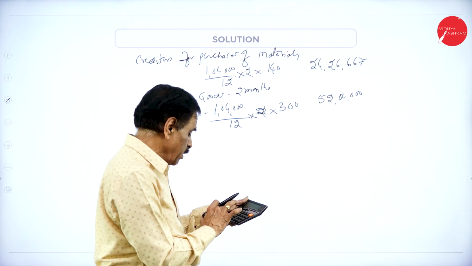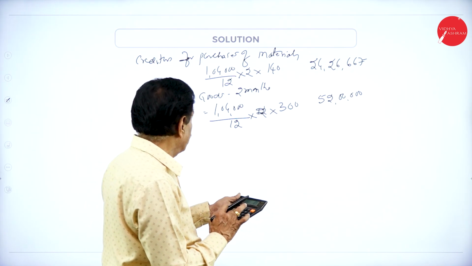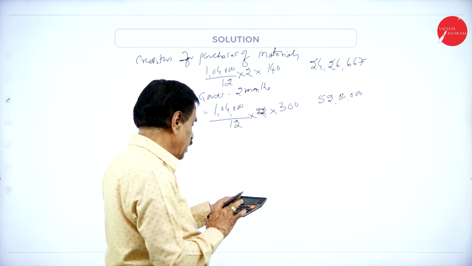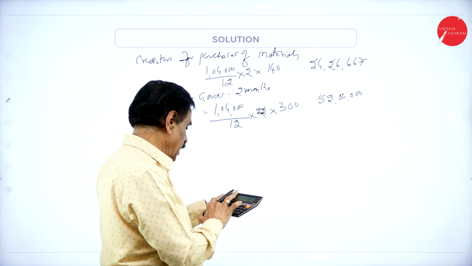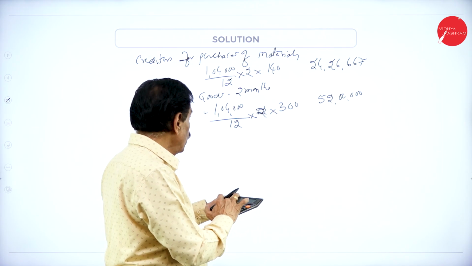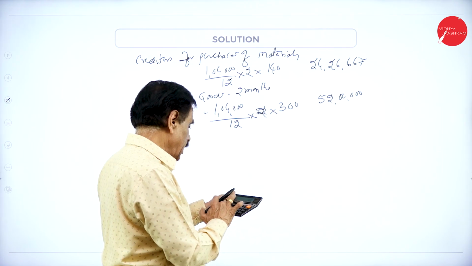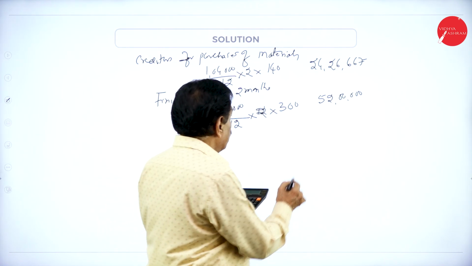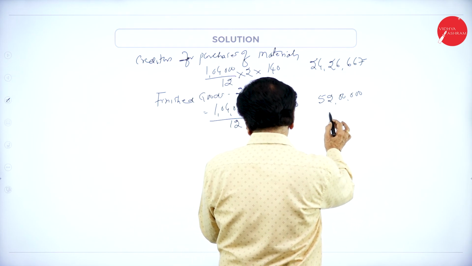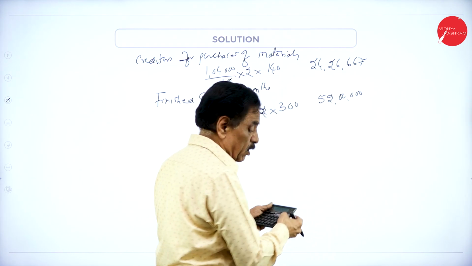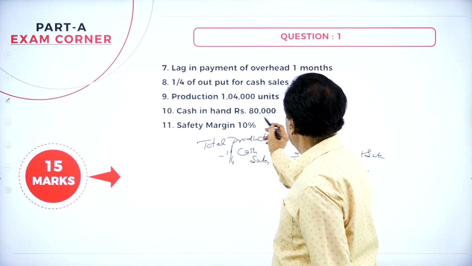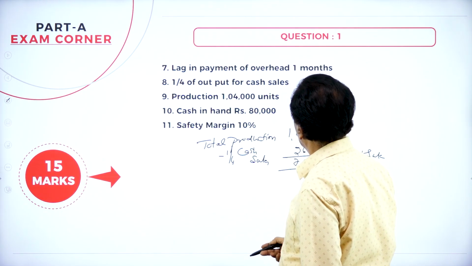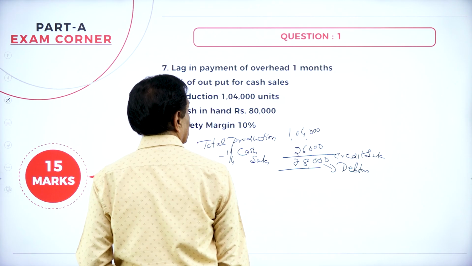We'll repeat once again: 104 followed by 30 divided by 12 into 2 into 300. It will come 51 lakh 99,999, say 52,000. So cash in hand 80,000, lag in payment of overhead 1 month.